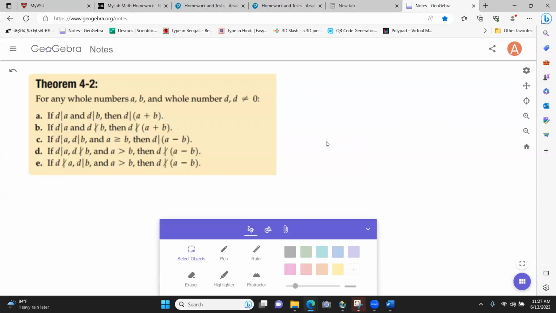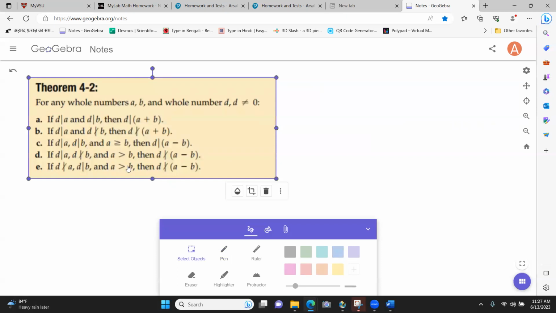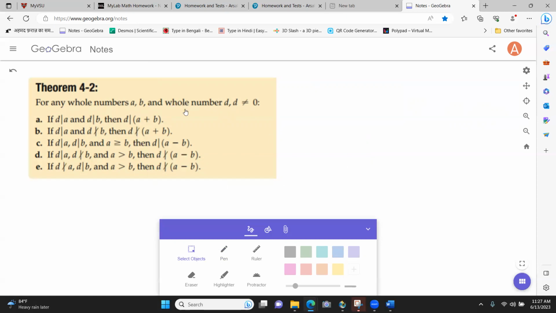You can read the text in your book, and hopefully you'll watch my video as well. So no big deal. What this is saying, guys, I'm more interested in the first three. Don't worry about the last two. Intuitively, it should make sense, but I'm not going to worry about them. A and B are whole numbers, and D is also a whole number, and D is not zero.